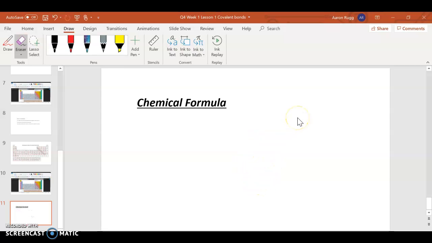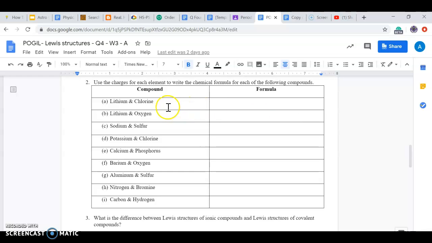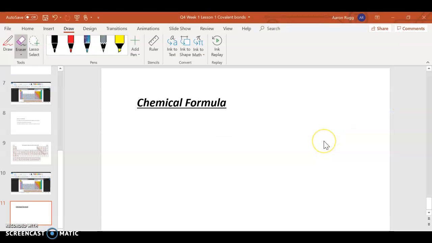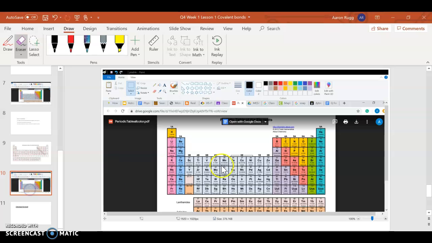So let's go back. So let's look at lithium and chlorine. Okay, if I look at my periodic table, I have lithium here in this first column and I have chlorine here. Okay, so this is going to be an example of what kind of bond. You can pause it, think about it.